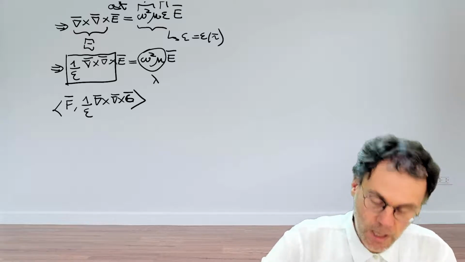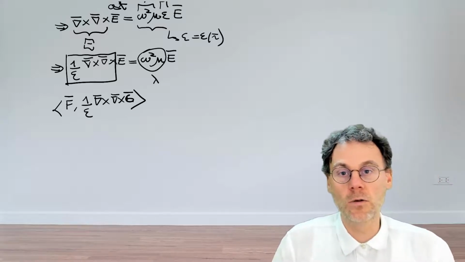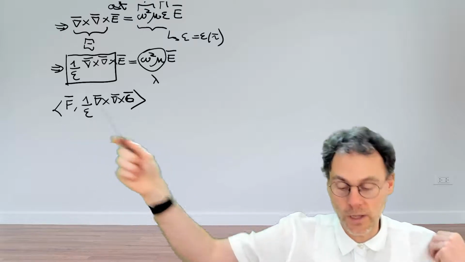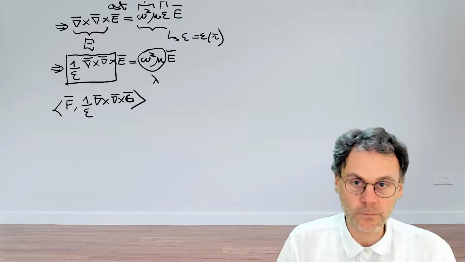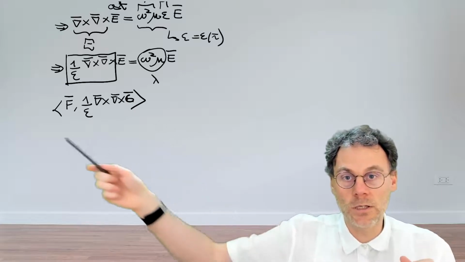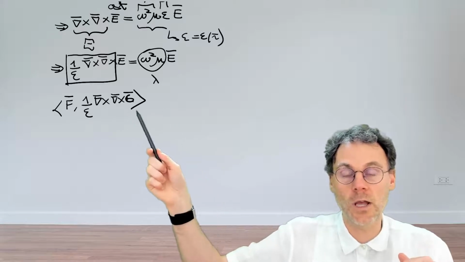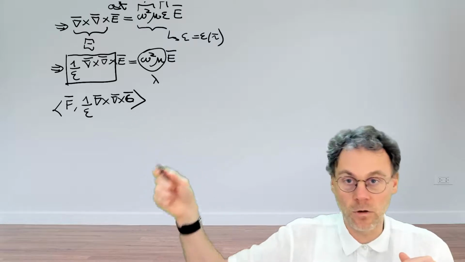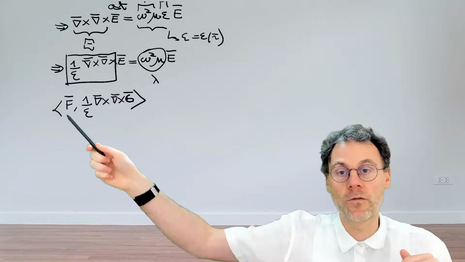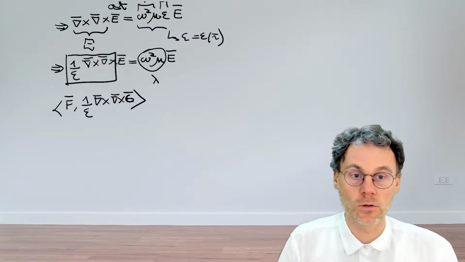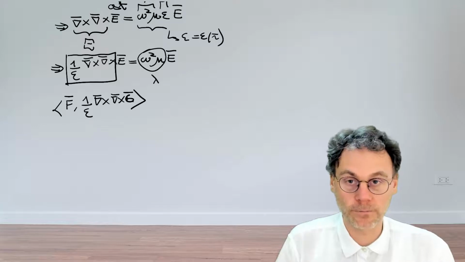acting on g. And the question is, is this equal to the situation where this 1 over epsilon curl curl is first operating upon f? Now I'm going to stick to this notation here, but you should bear in mind that what's behind this is basically a volume integral, where the first factor, f in this case, is under a complex conjugate. That's important to bear in mind.